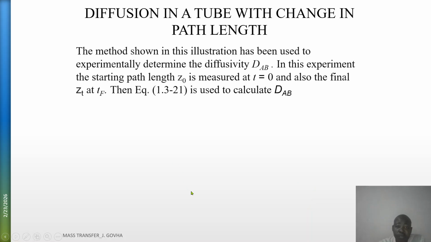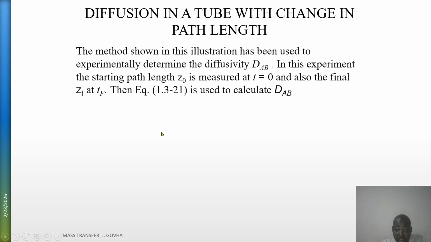The method shown in this illustration has been used to determine diffusivity DAB. In this experiment the starting path length z0 is measured at t equals 0, and also the final zF at tF.